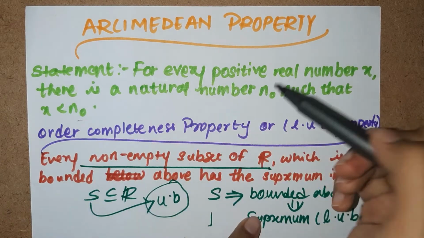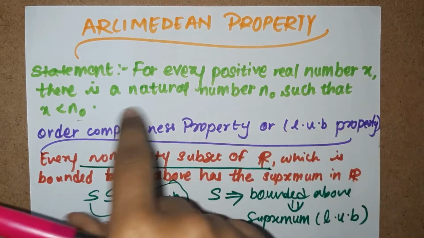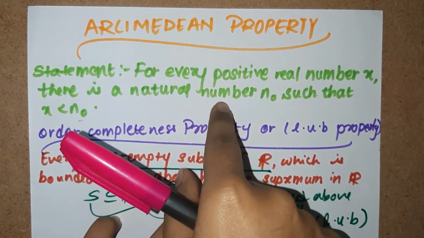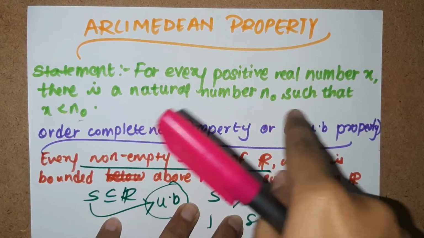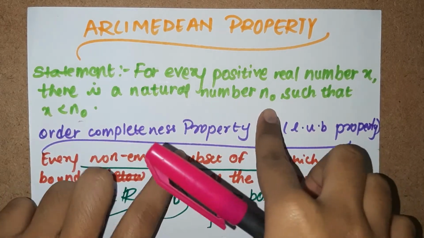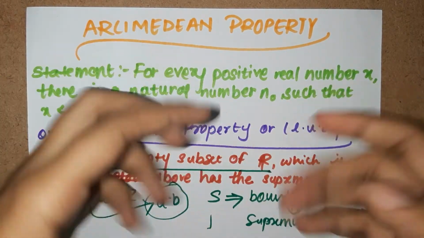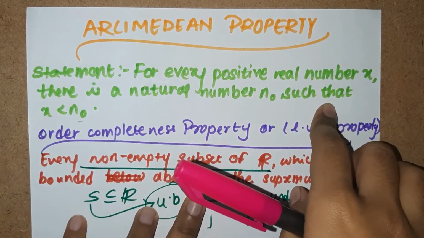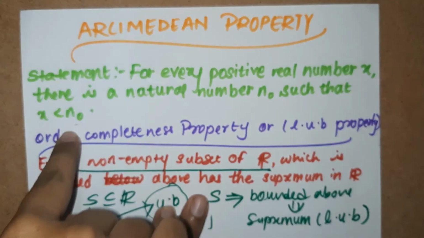There is a natural number n naught. We know what a natural number is: it begins from 1, so 1, 2, 3 and so on. Any natural number they have chosen to be n naught, and the condition given is that x is less than n naught.